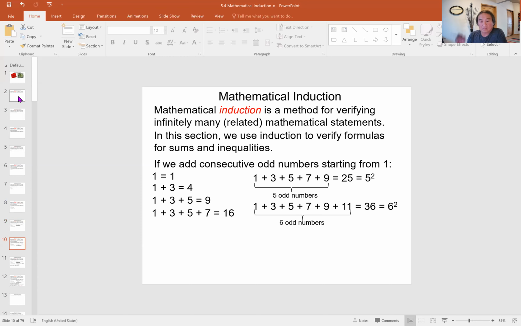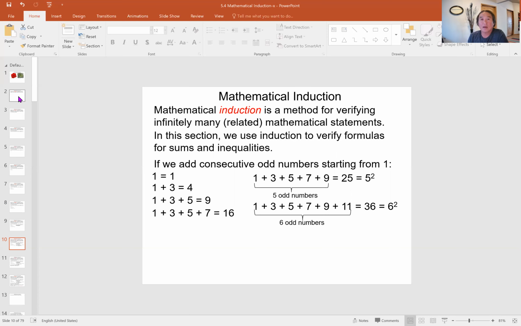So will this pattern persist? Of course, I can say yes, it persists. There are so many of them, and they all match up. But what about a mathematical proof? Mathematical induction is a methodology to establish the truth of all these infinitely many formulas. The first thing we want to do is write the formula correctly.